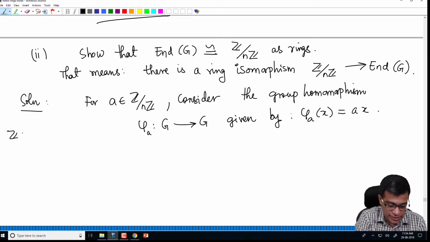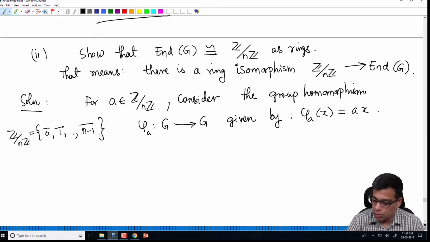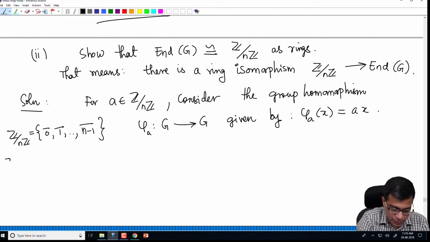Remember Z mod NZ, one way of representing elements of Z mod NZ is this. So we are implicitly using the multiplication in Z mod NZ, right? Because though it's actually a group, because it's coming from integers, multiplication is actually just repeated addition. So for example, if you take Z mod 6Z, it will be 0 bar, 1 bar to 5 bar.